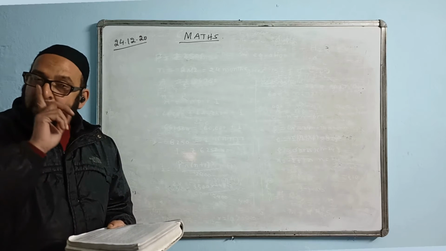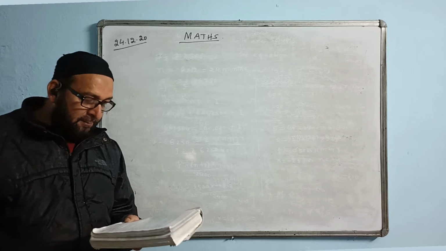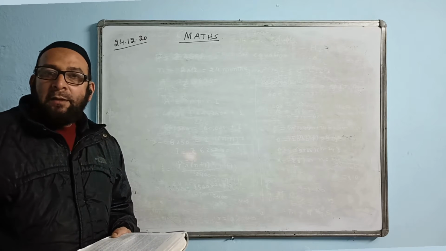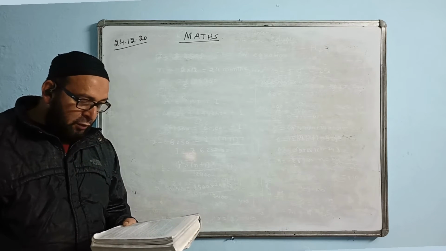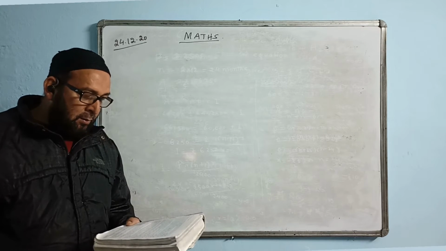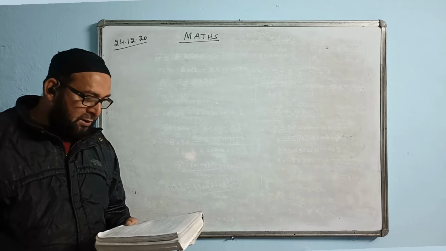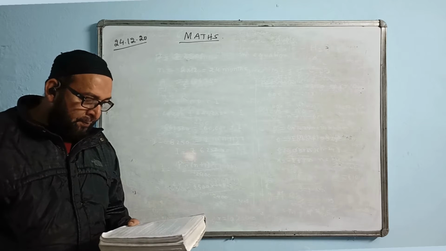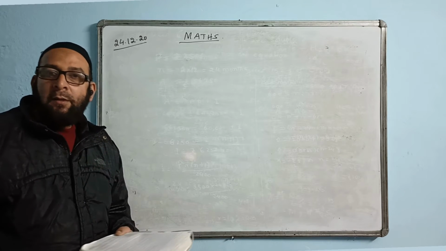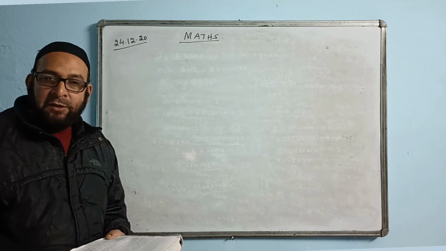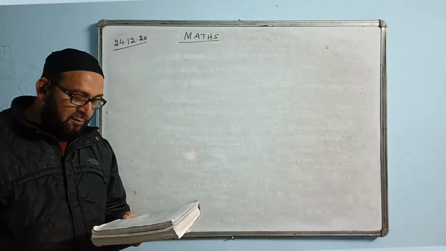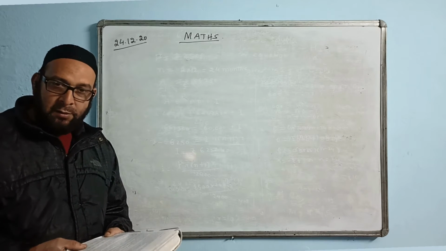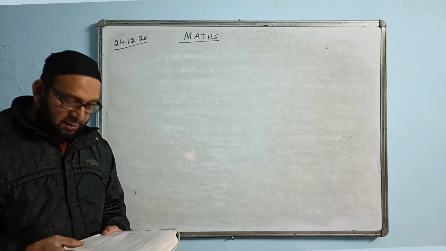If the rate of interest is 8% per annum, and the maturity amount is rupees 16,176, please correct it, 16,176.